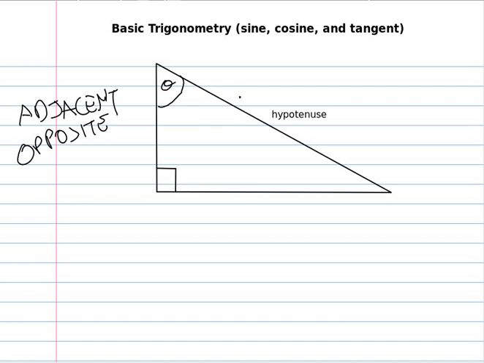One side is the hypotenuse, and that's this side. One side, which is part of the angle, we would call the adjacent side. The side which is opposite the angle, we would call the opposite.